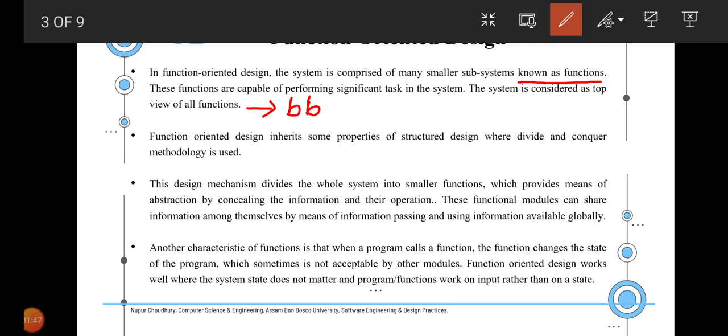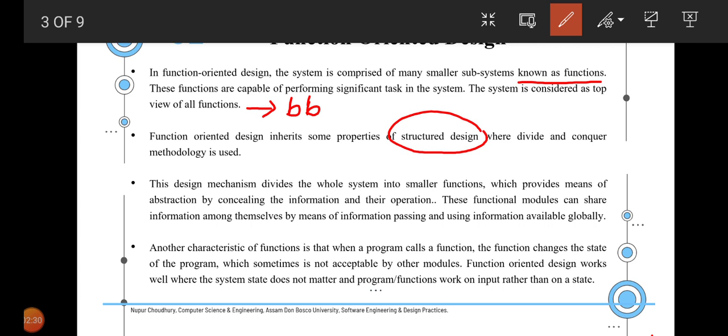Function oriented design inherits some properties of structured design where divide and conquer methodology is used. Structured design is another concept which we have already discussed, and basically we convert the entire project into smaller and sub-smaller parts so that each of the parts could be individually examined and then solved or resolved at an individual level, and after that all these individual modules would be clubbed together to form a final product or final project.